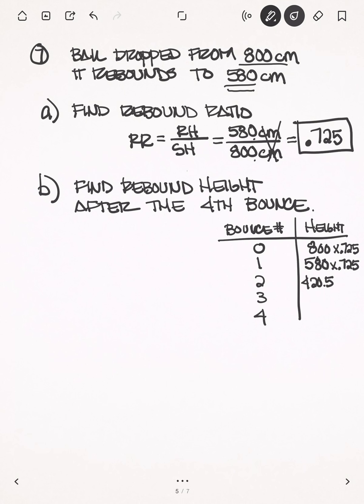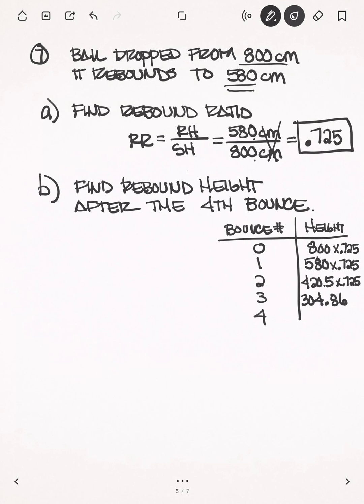But whatever the decimal is on your calculator, leave it on there and just keep multiplying by 0.725. You don't have to write down the whole decimal when you write it in your chart. All right, times 0.725 again, and I'm going to get 304.86. And I think on that one, I just wrote the first two numbers after the decimal. I did not round it.